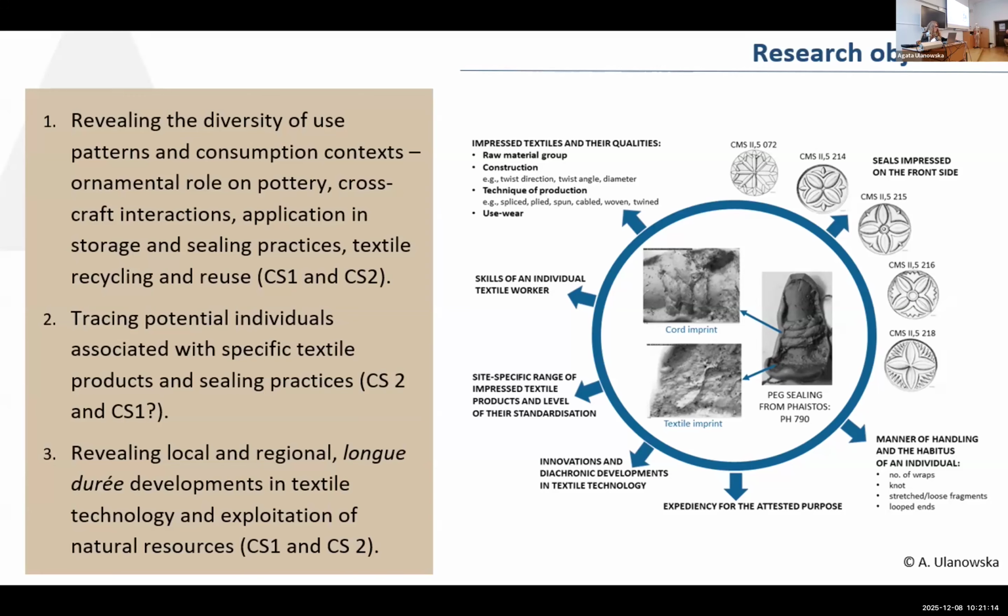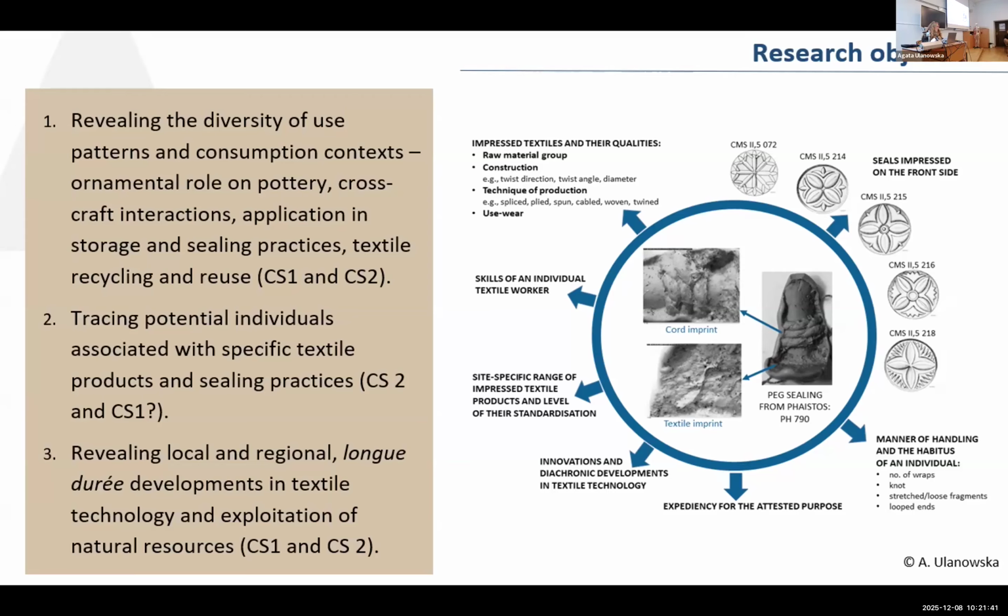and this is illustrated by the iconography shown on the slide. So by examining and bringing together the properties and qualities of the impressed textiles, we can discuss the skills of individual textile workers who made those textiles.